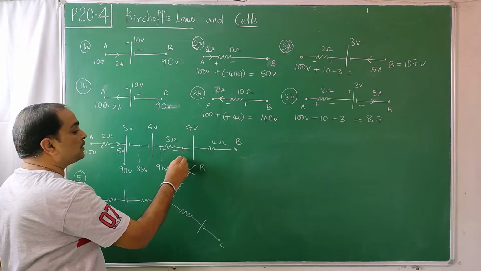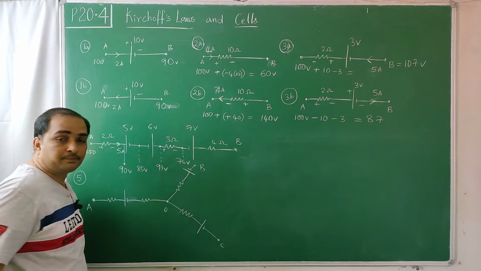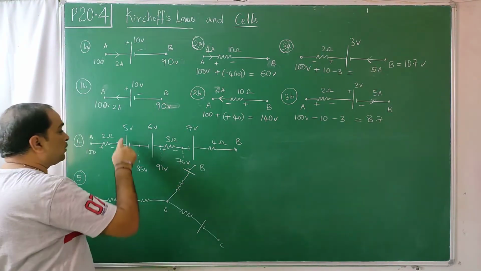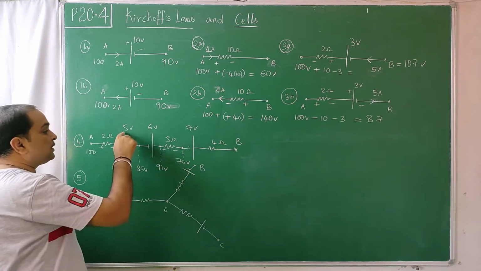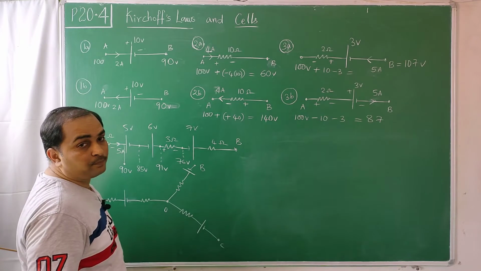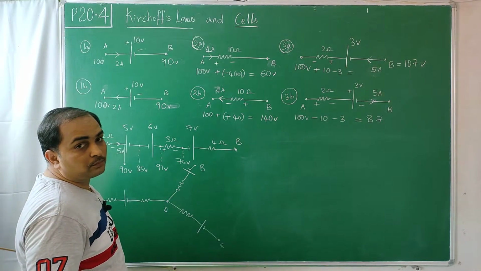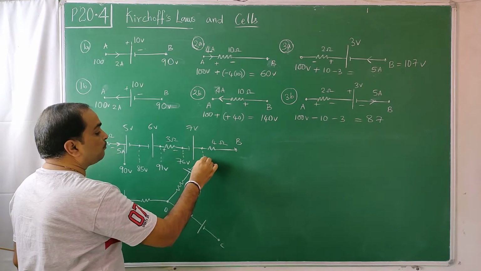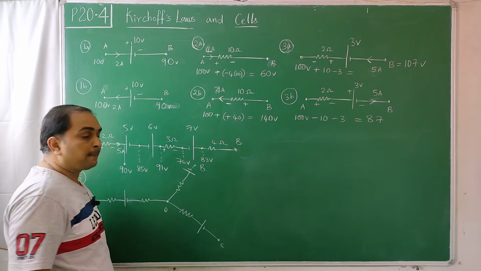This point is at 76 volts. Minus 2 plus, it's a rise. Here there was a fall, here it's a rise. When there is a fall, we will subtract. When there is a rise, we add. 76 plus 7, 83. This point is at 83 volts.